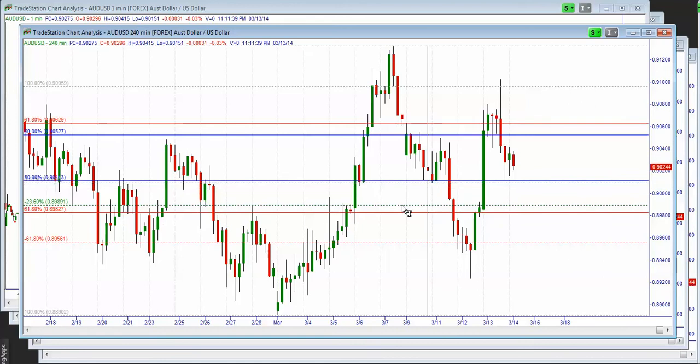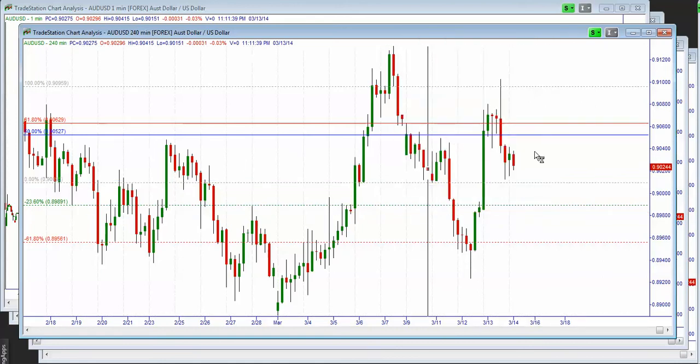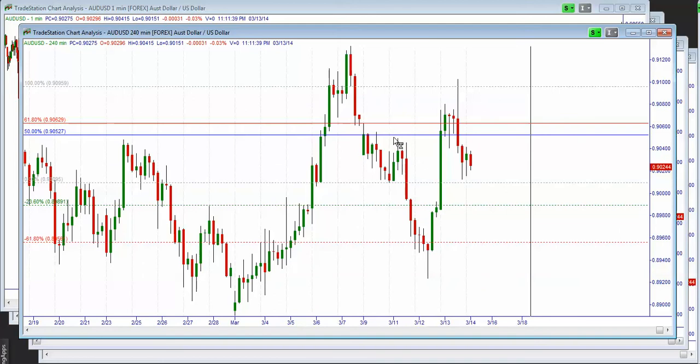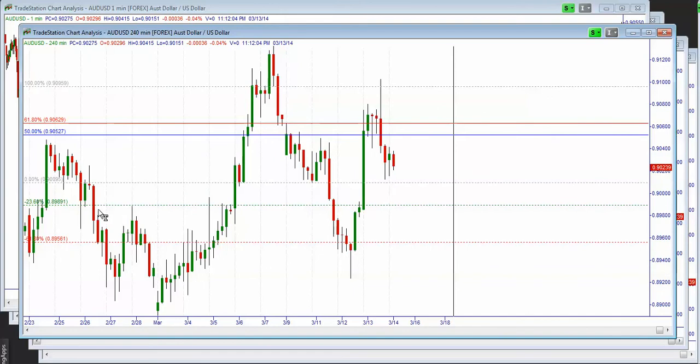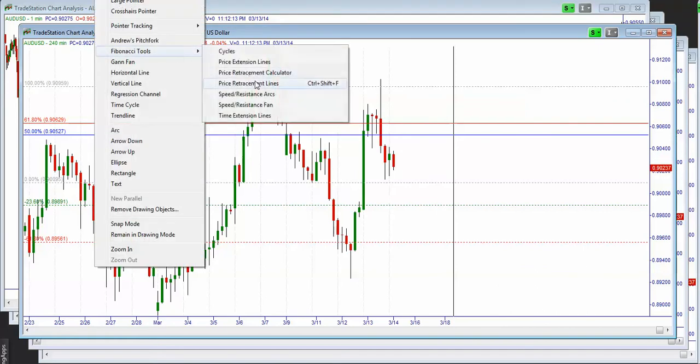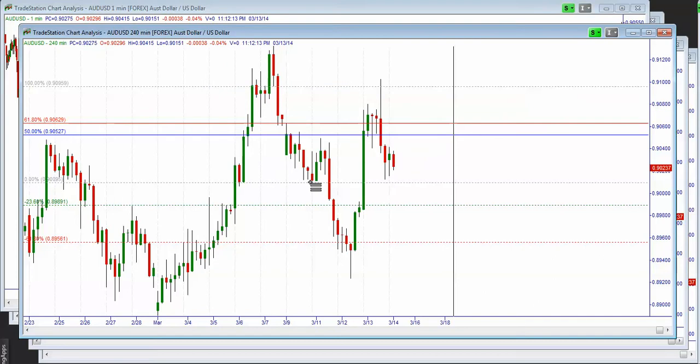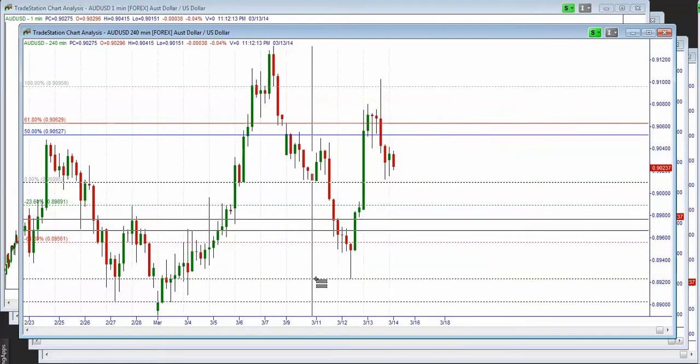The bears won here on this time frame, and we saw the market going into the first target 0.8989, excuse me, and the second target was 0.8956. As the second target was hit, we would then trace the next measure move.